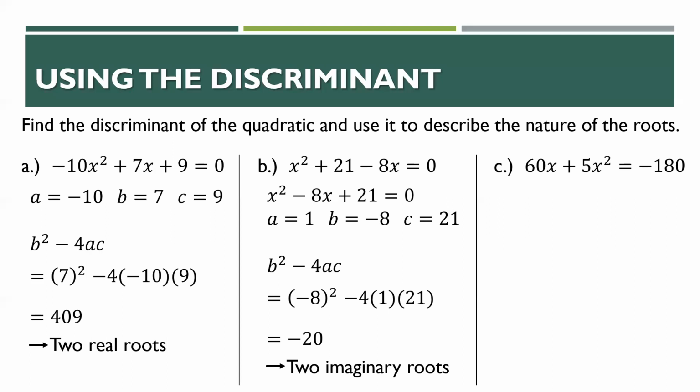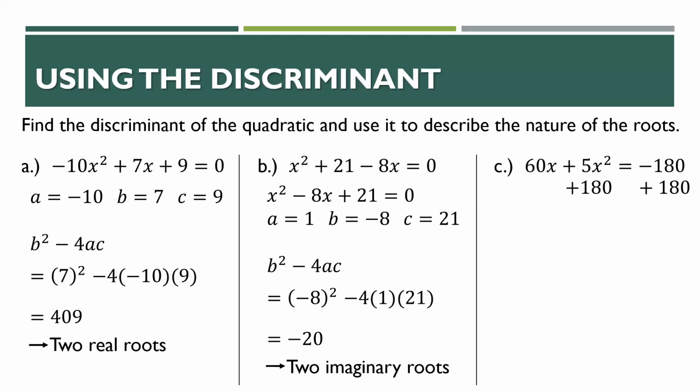We've got 60x plus 5x squared equal to -180. So there's a couple things wrong. First, we've got our terms are out of order from the order we want them to be in. And secondly, I don't have equal to 0. And we need to have our quadratic equal to 0 before using that quadratic formula.